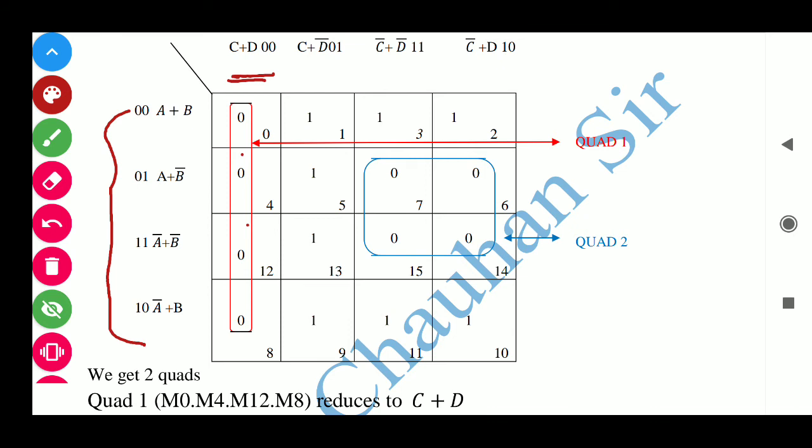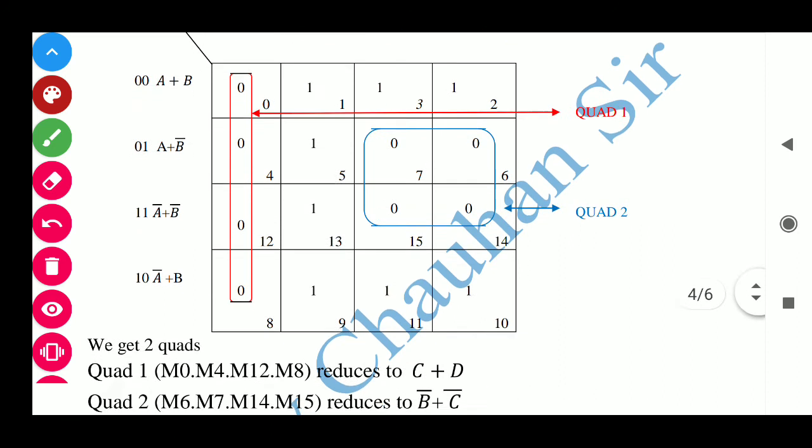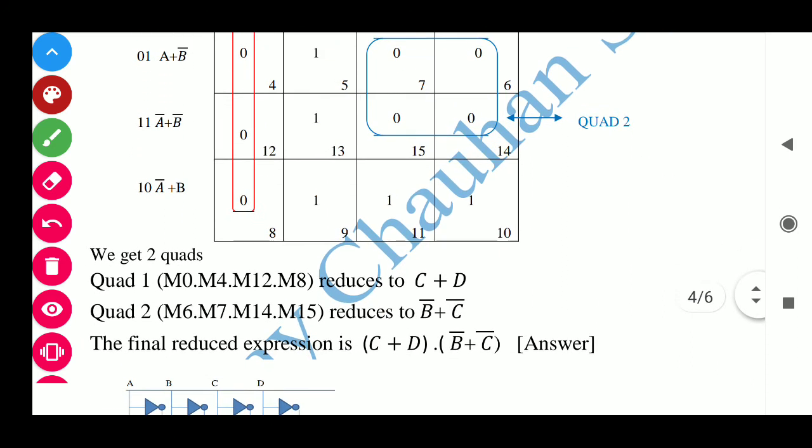And for quad 2, here 2 rows are covered and here 2 columns are covered. We have to check. B naught is not changing in the rows and C naught is not changing in the columns. So we have to write B naught plus C naught. The final reduced expression is C plus D dot B naught plus C naught.